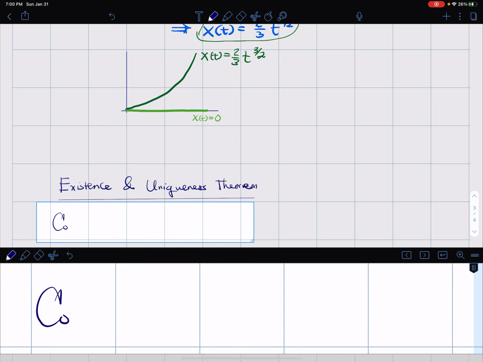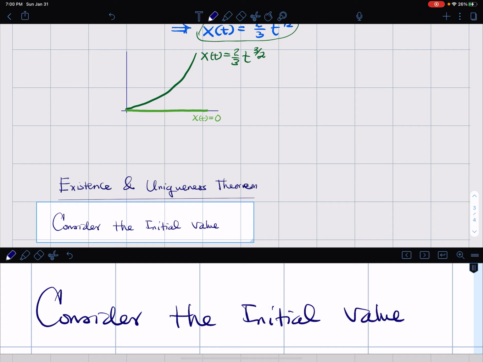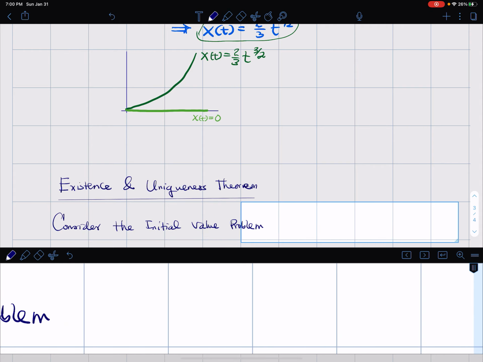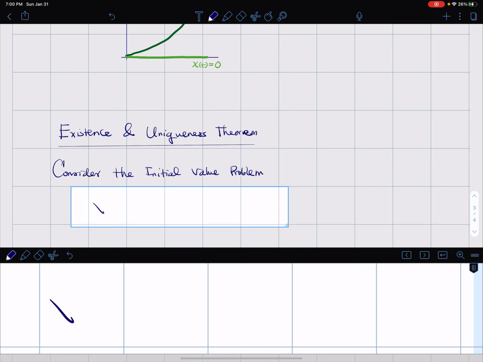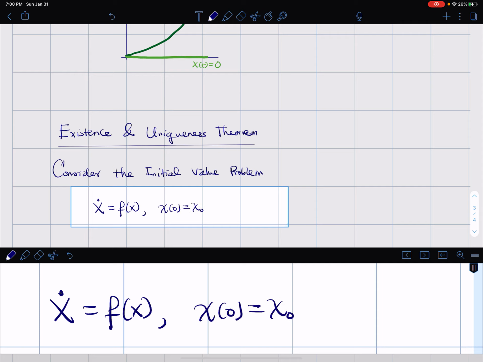So let's consider the initial value problem. X dot is equal to f of x, and x of 0 is equal to x naught.